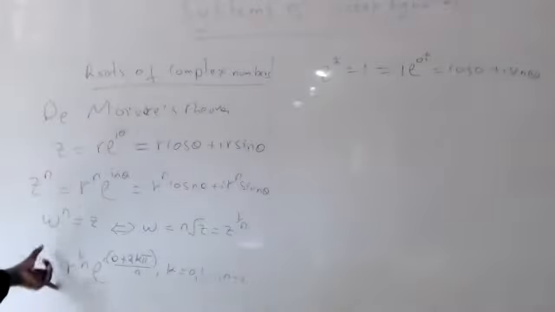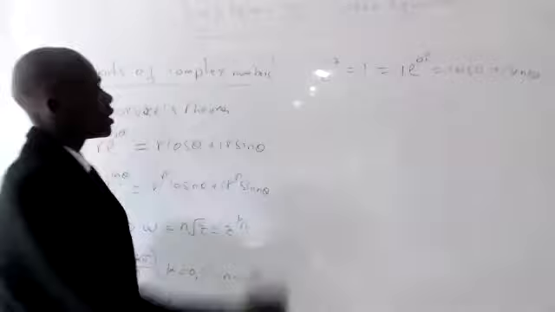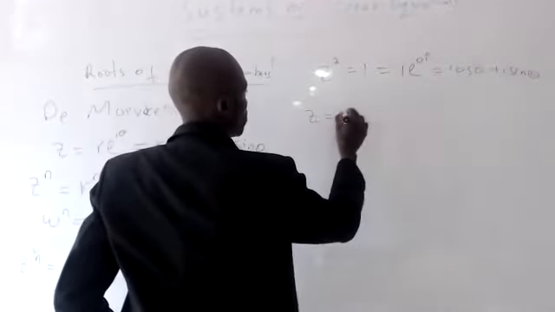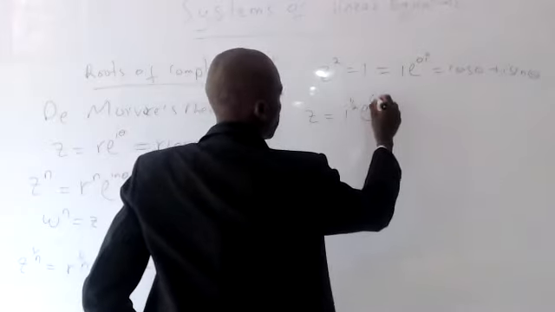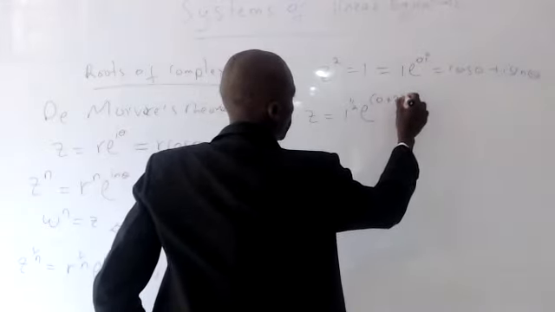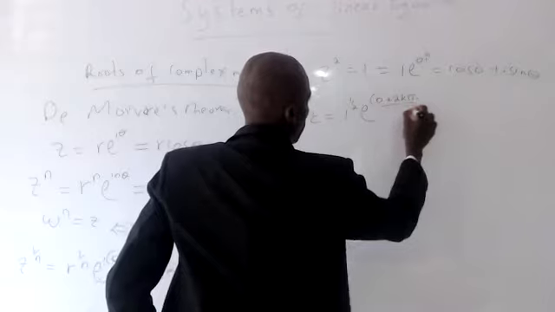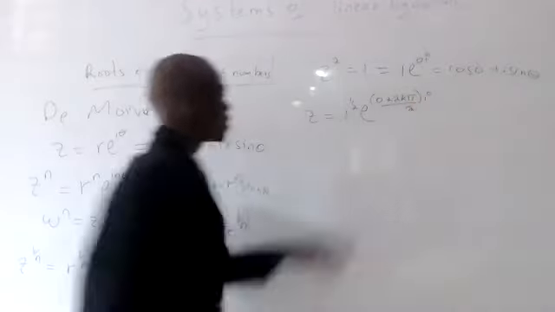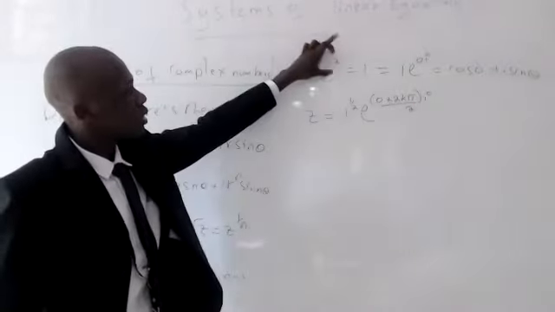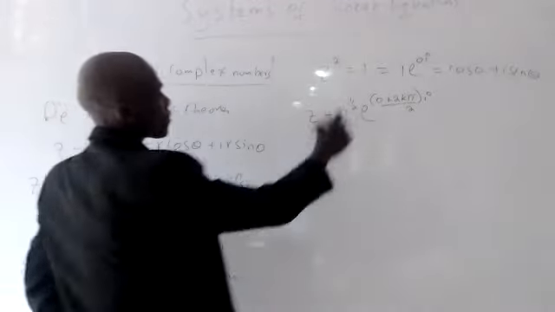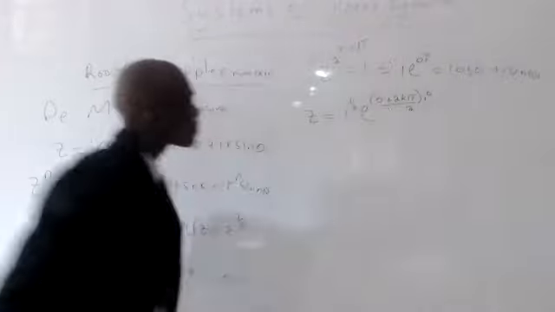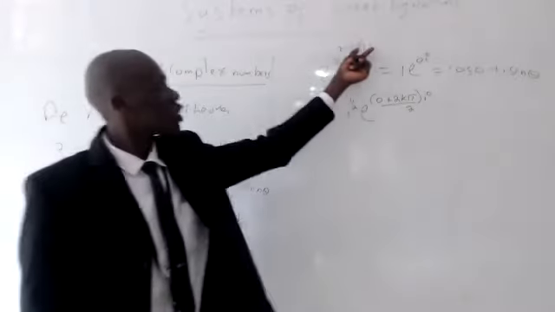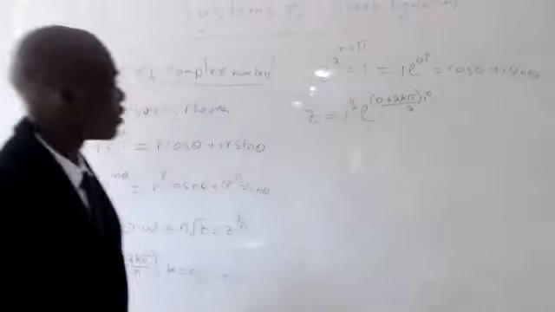The theorem tells me that if I want to compute the root of this, then z will simply be 1 raised to a half, exponent 0 plus 2 k pi divided by 2, i. I'm taking 2 because I'm computing the square roots. I'm looking for z, a number which if I square will give me 1.